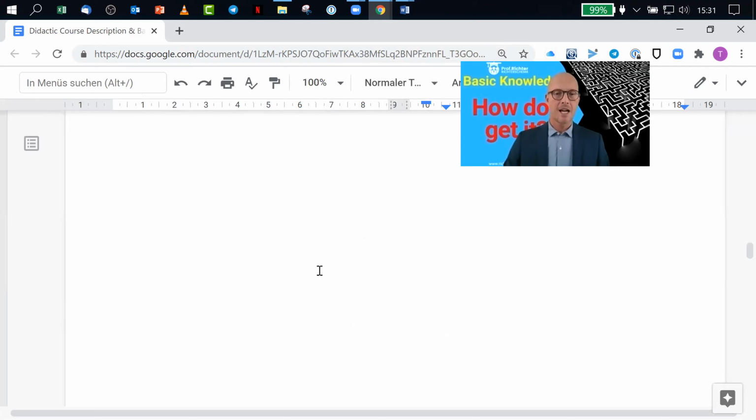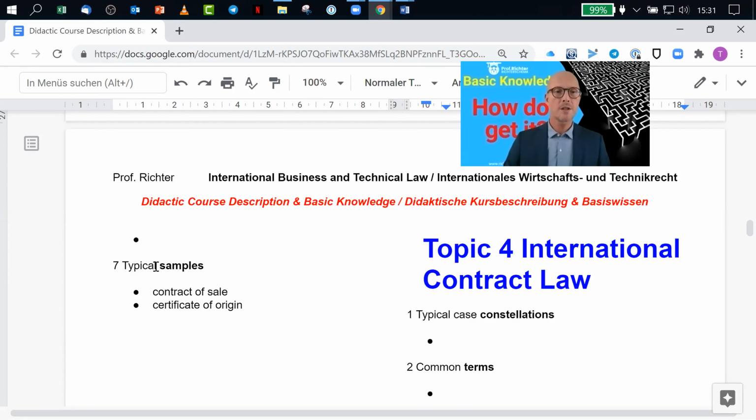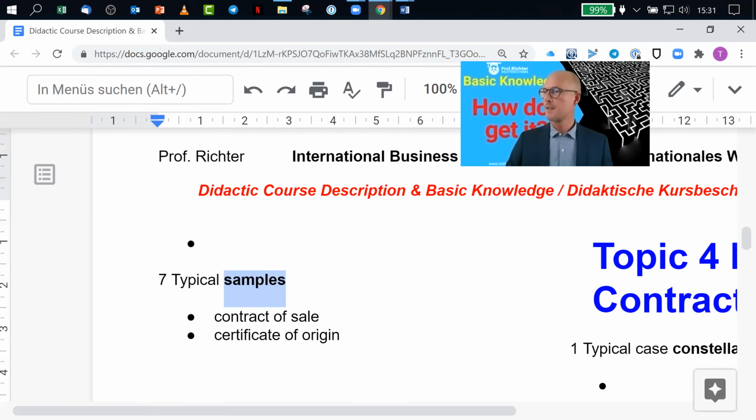Good. And in the last part here, of course, we have to talk about typical samples. That means, for example, in this sample, we should talk about the contract, the sales contract.